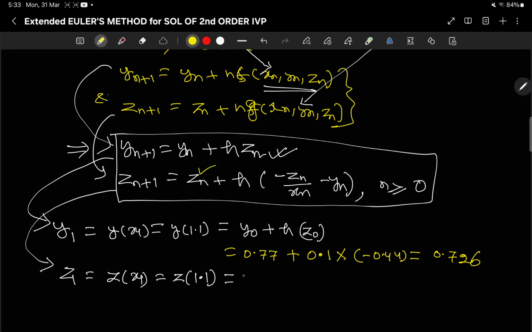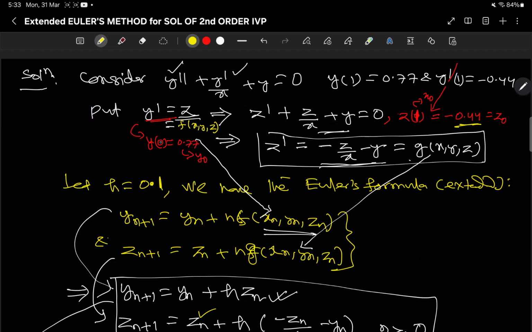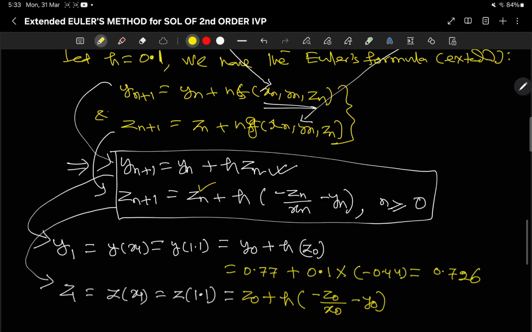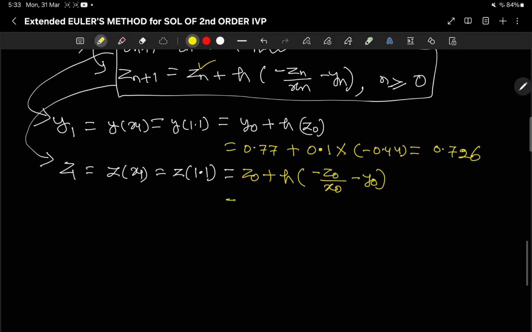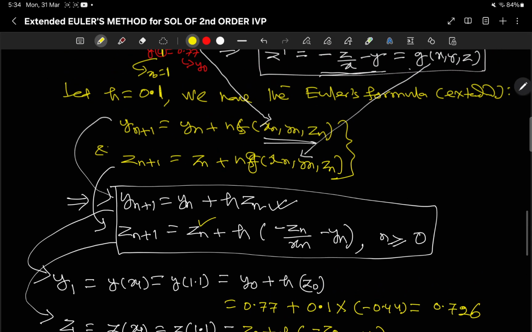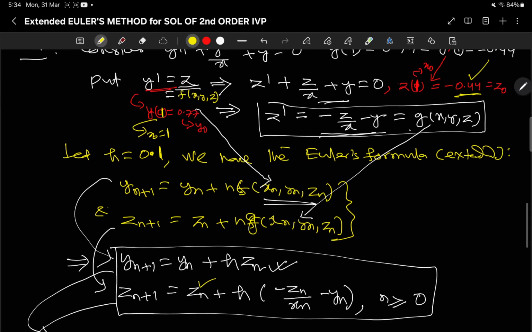It is z0 plus h times minus z0 by x0 minus y0. Here x0 is 1, and z0 is minus 0.44.